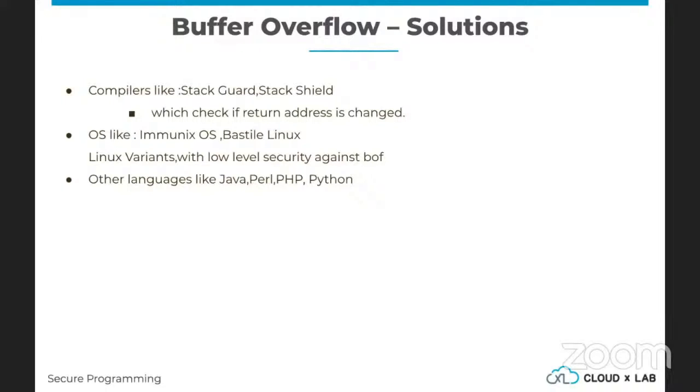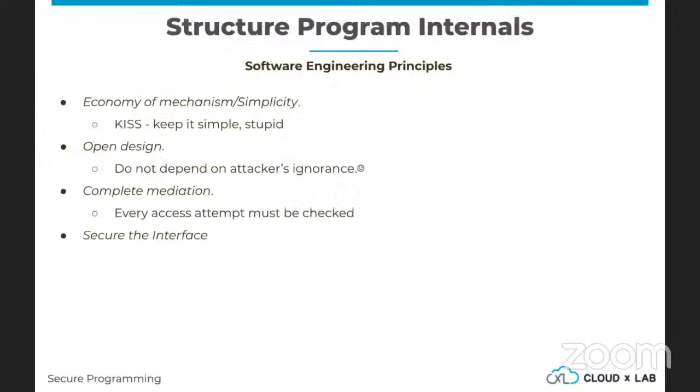And though other languages, the new generation languages such as Java, Perl, Python, and PHP, don't have buffer overflows, it is important to know what a buffer overflow is, because that will help you understand that a simple looking problem could actually lead to the entire compromise.